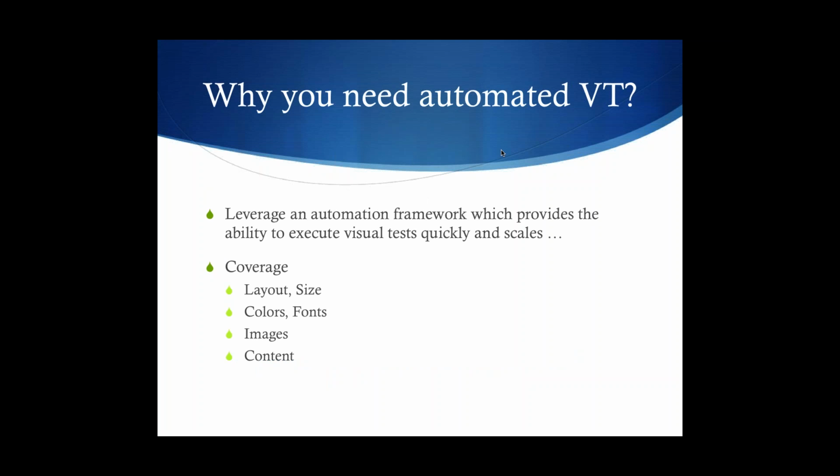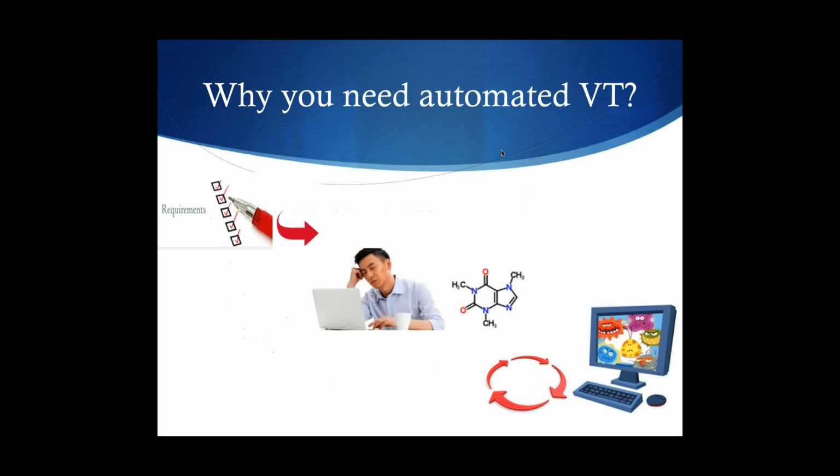All right, again, these are the challenges. Basically, you now have to be able to look at the rendered image or the rendered page on the browser, things such as the layout, the fonts, colors, and so on. Here's another reason you might want automated visual tests. So let's look at what you have now.